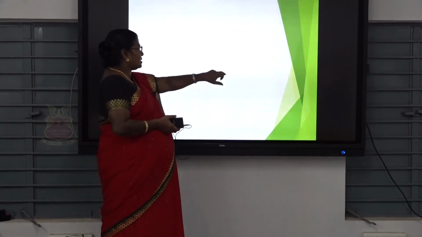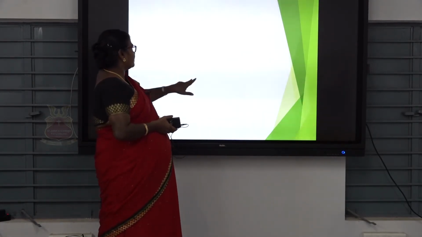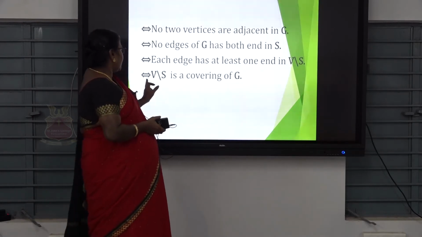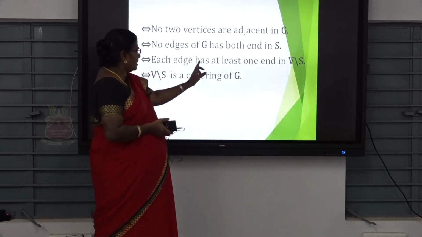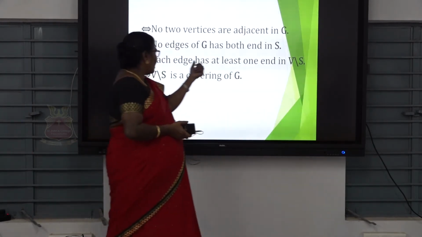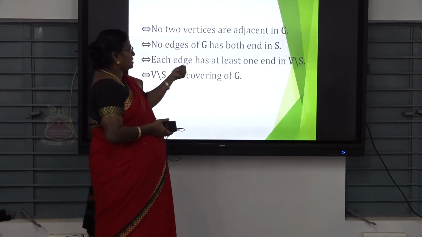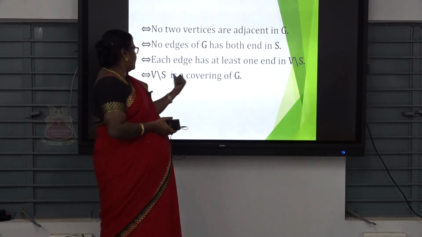That is S and this is V minus S. So this is if and only if V minus S is a covering of G. From the definition of covering, V minus S has at least one end of each edge. So this is a covering.